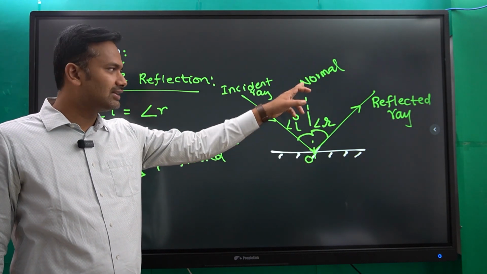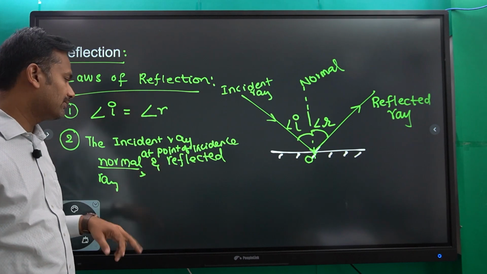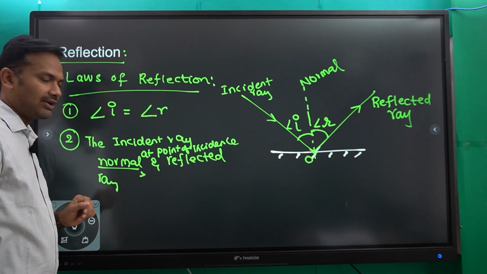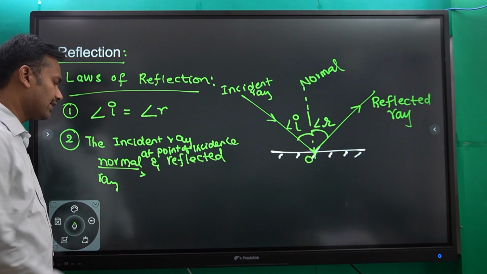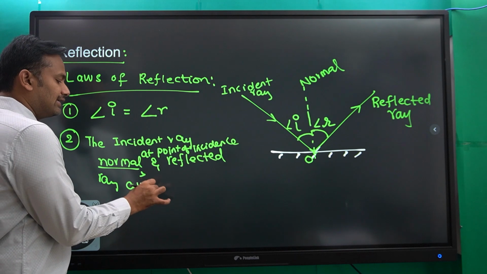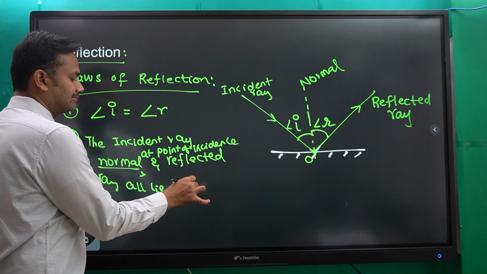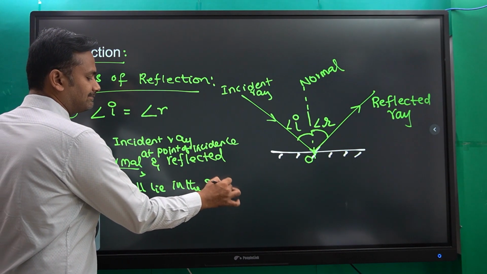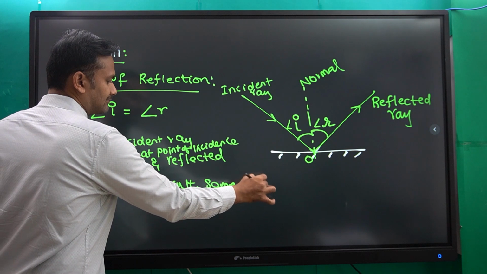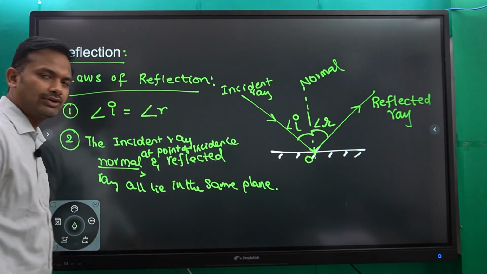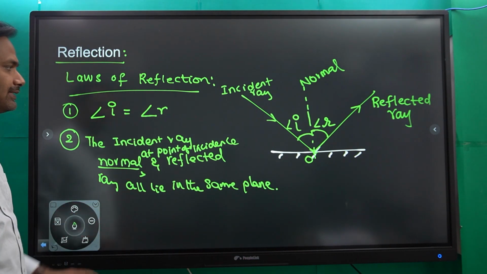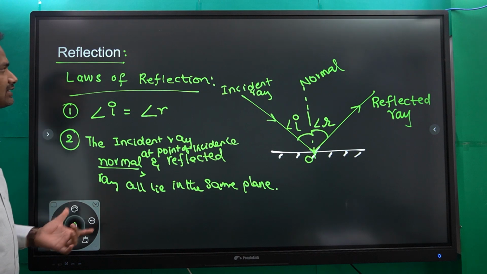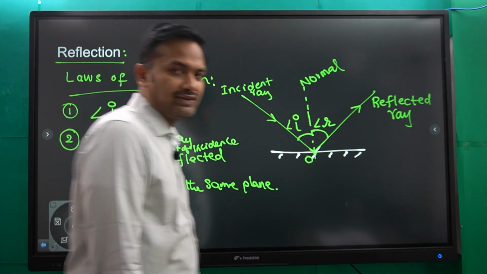At this point there is a normal; at that particular point we are talking about. The incident ray, the normal and the reflected ray all lie in the same plane. So these are the two laws of reflection.